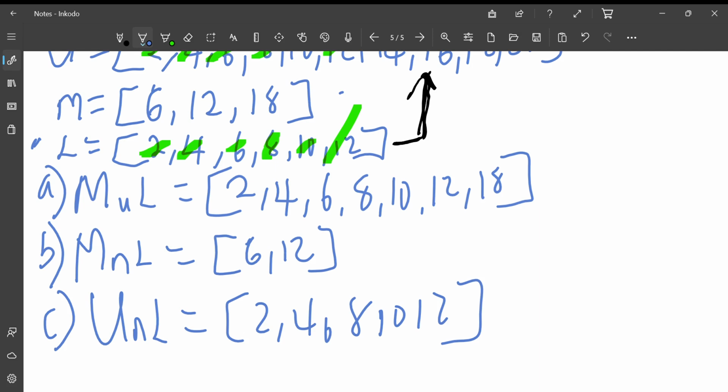Alright, 2, 4, 6, 8, 10, 12. That's the answer. So anytime you see the universal set intersecting with any set, you know that the answer will be that smaller set. So this is just a brief introduction to union, intersection, and the main terms we use in sets. The deeper we go, the more examples I'm going to solve.